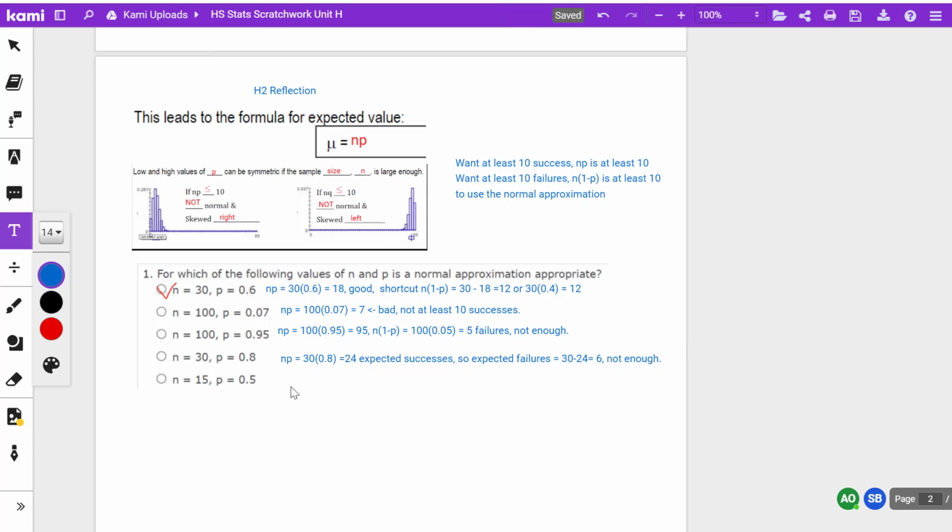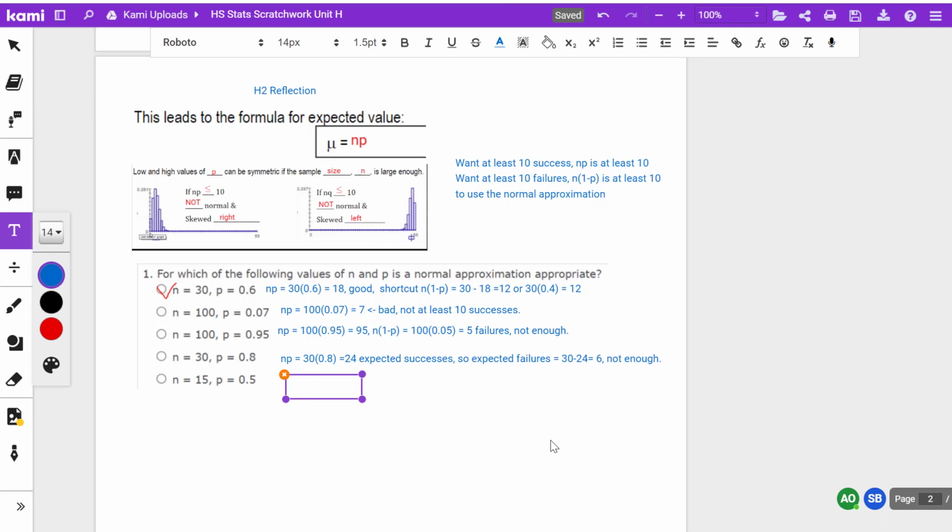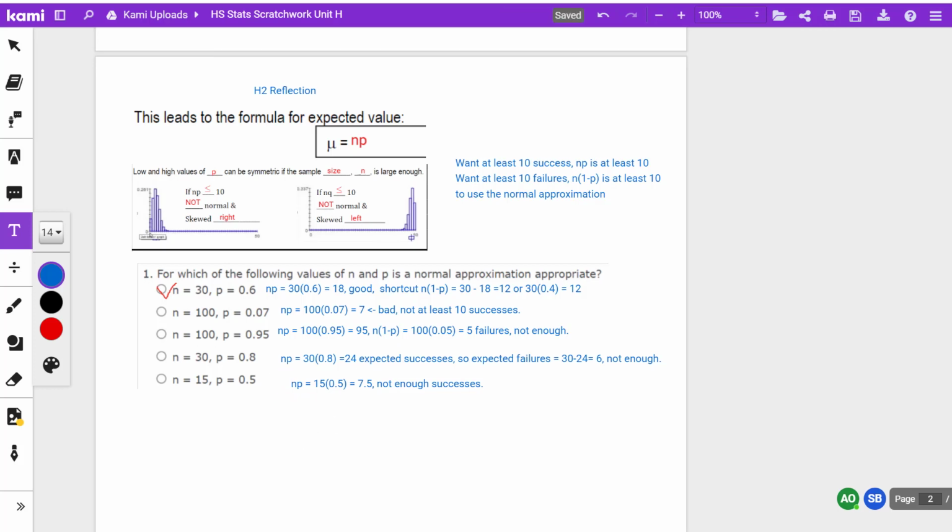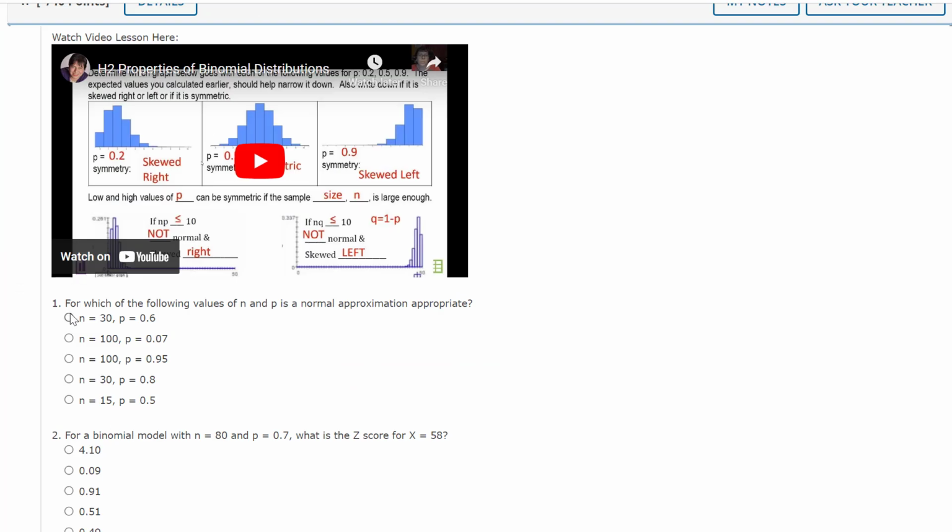And then here, 15 times 0.5 is 7.5. Not enough successes. So the only one that works is our very first one, which is n is 30 and p is 0.6. All right, so we'll go ahead and click that one.